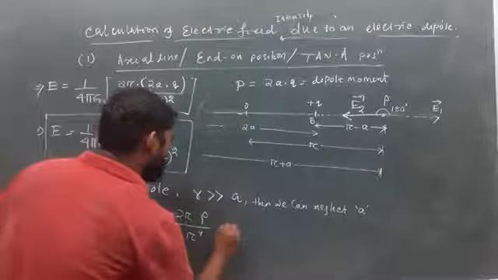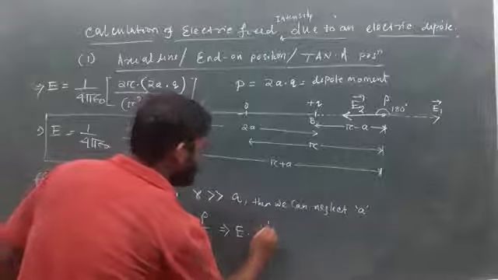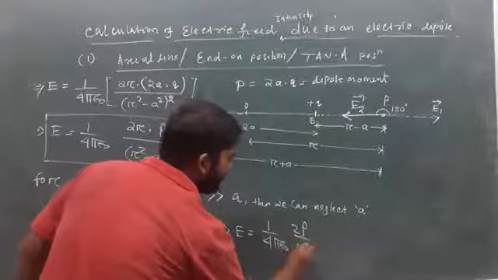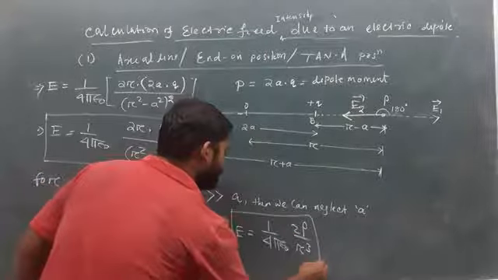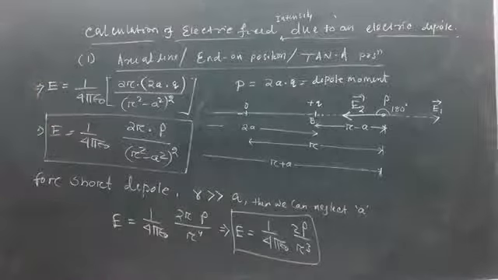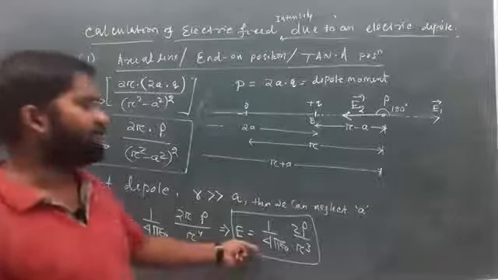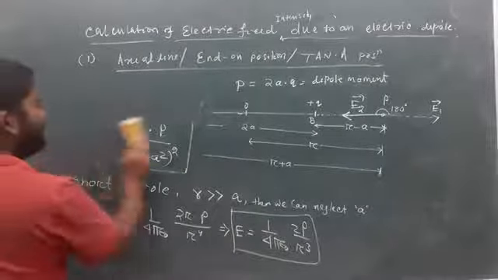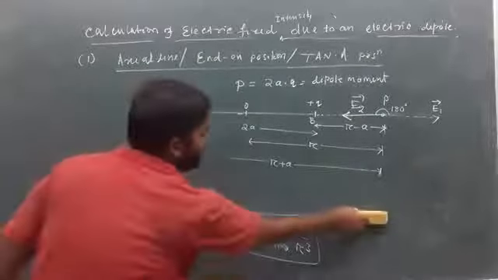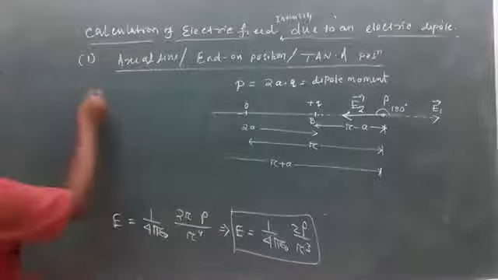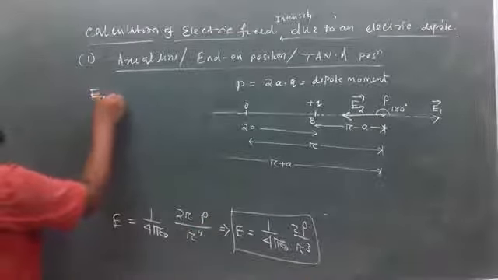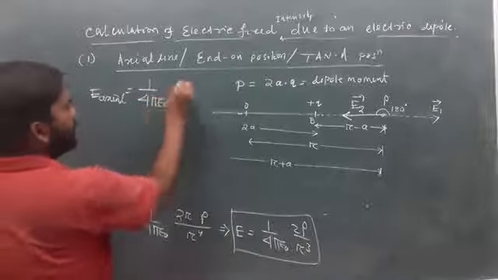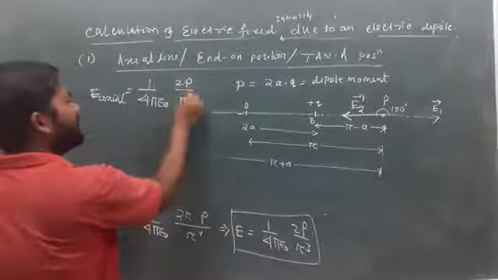So that implies E equals 1 by 4 pi epsilon 0, 2p divided by r cube. So this will be the expression for electric field for a short dipole. So at the axial line, E axial equals 1 by 4 pi epsilon 0, 2p divided by r cube.